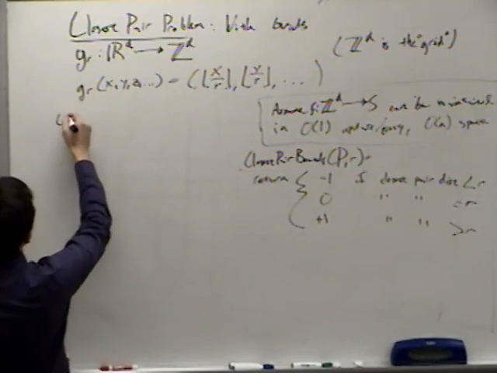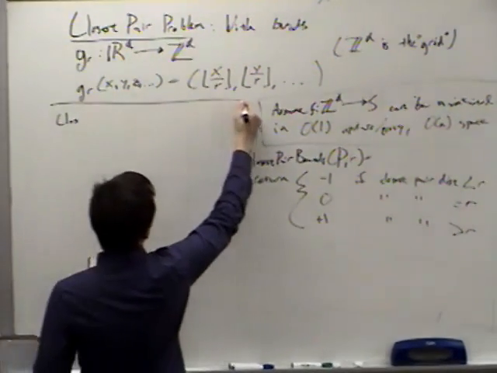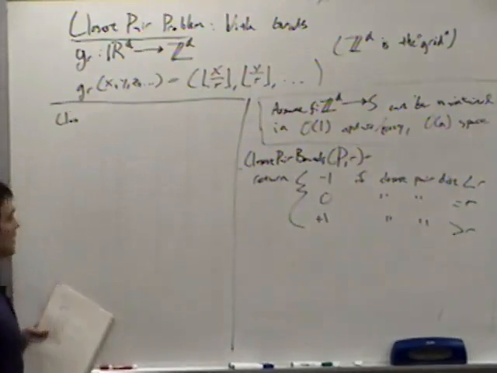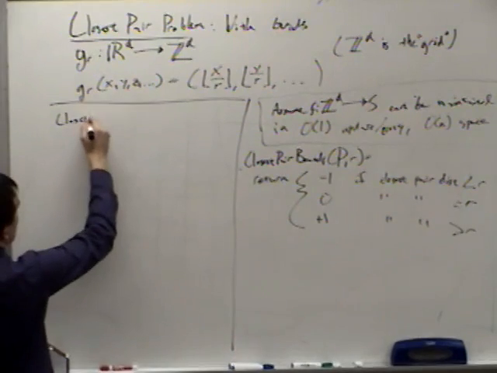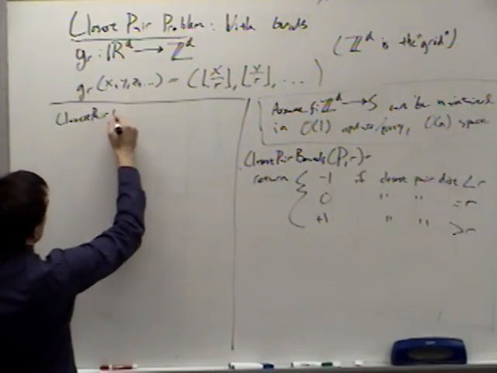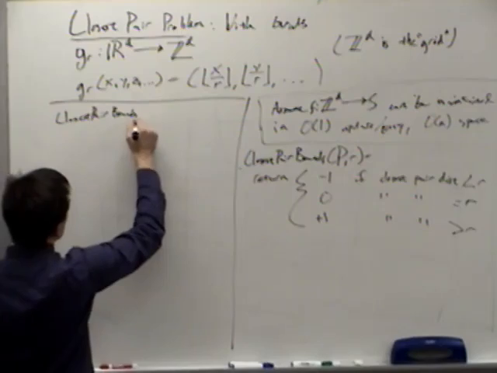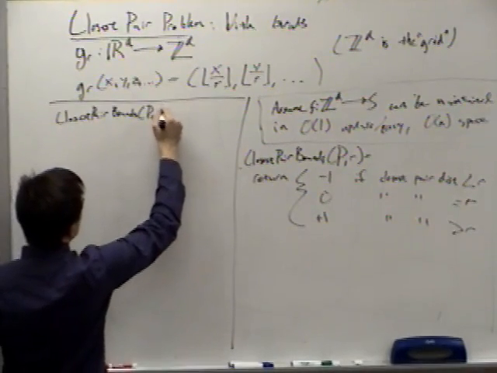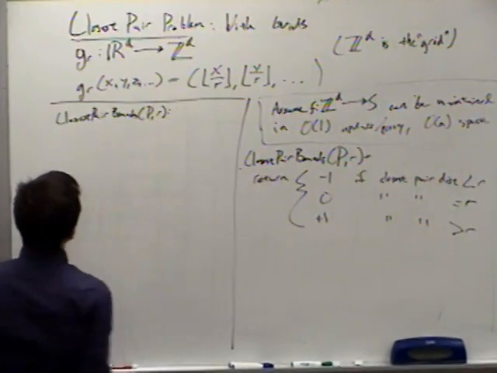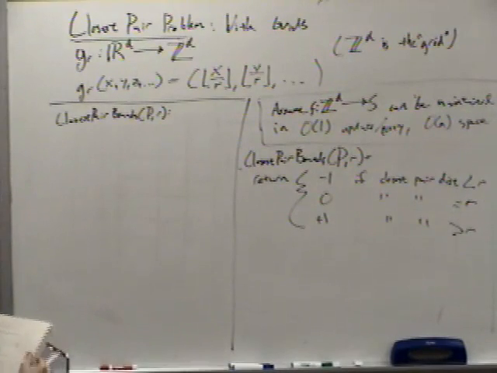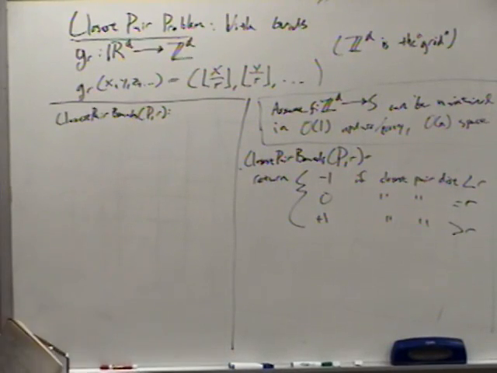So we'll call this, keeping with the same name as before, closest pair bounds. Take our point set P and our radius r that we're querying. We're going to initialize our grid with some empty hash table.